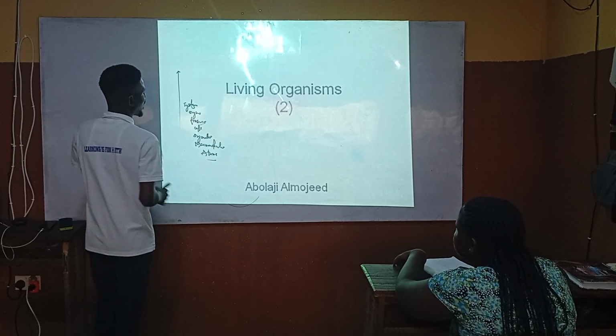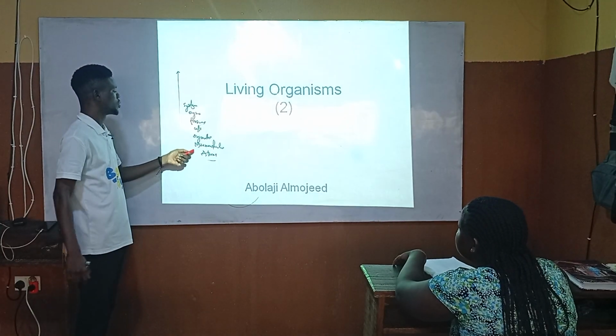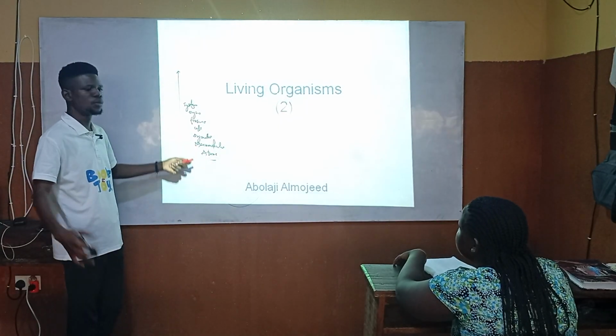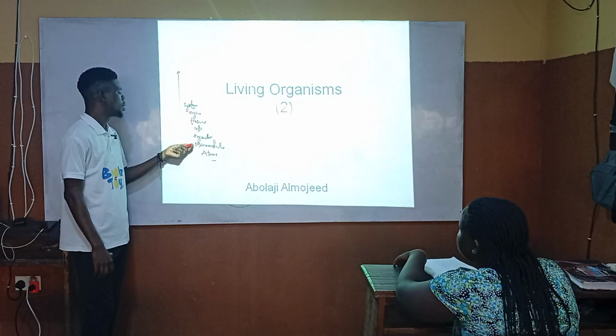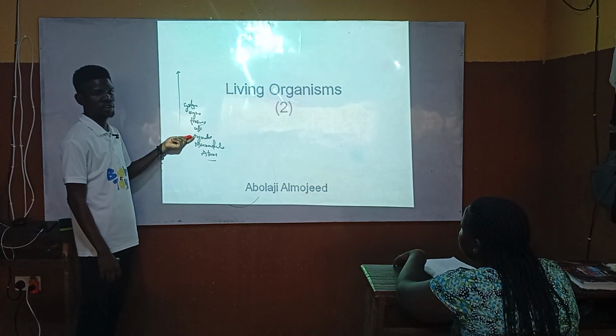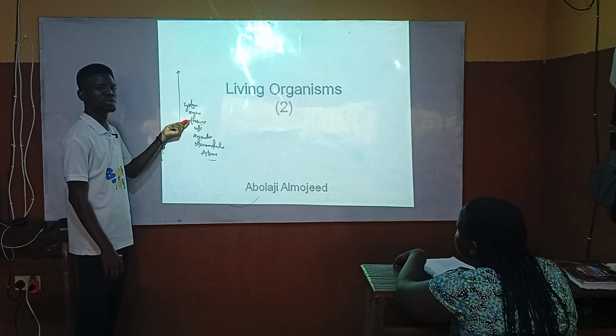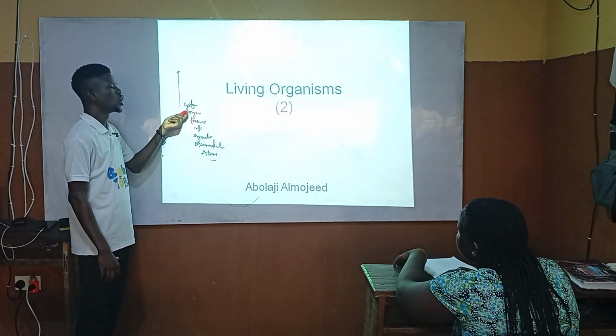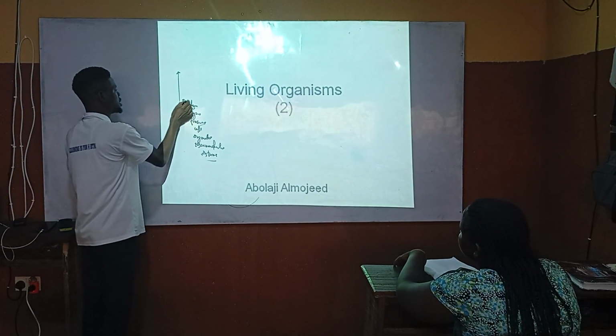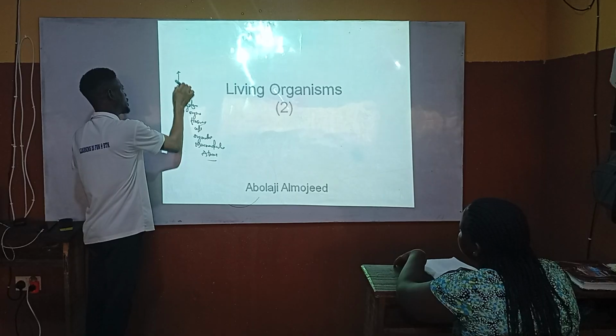Atoms. So atoms combine to form molecules, large molecules called macromolecules. Macromolecules combine to form organelles. Organelles combine to form cell. Cell combine to form tissue. Tissue form what? Organ. Organ form what? System. The system will now make up what we call the organism.